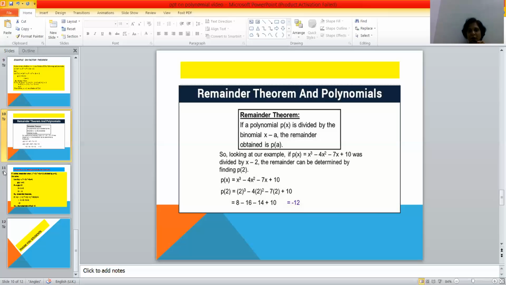P of 2 is equal to 2 raised to 3 minus 4 into 2 raised to 2 minus 7 into 2 plus 10. 2 raised to 3 is 8, minus 16 minus 14 plus 10. After calculation, we get p of 2 is equal to minus 12.